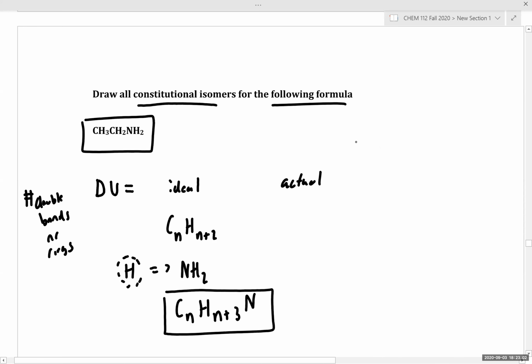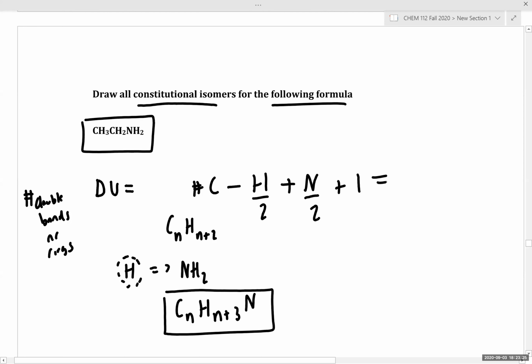So the DU formula, if we're expanding it out, is equal to the number of carbons minus the number of hydrogens over 2 plus the number of nitrogens over 2 plus 1.